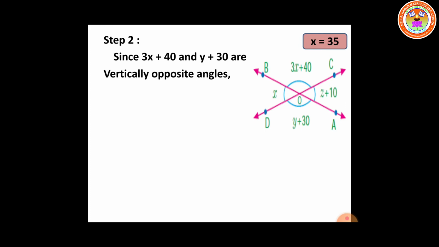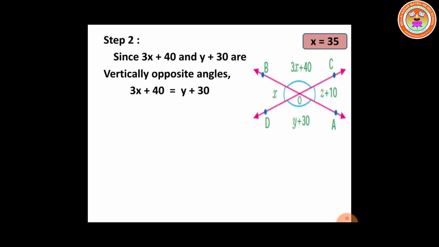Since 3x plus 40 and y plus 30 are vertically opposite angles, and vertically opposite angles are equal, 3x plus 40 equals y plus 30.